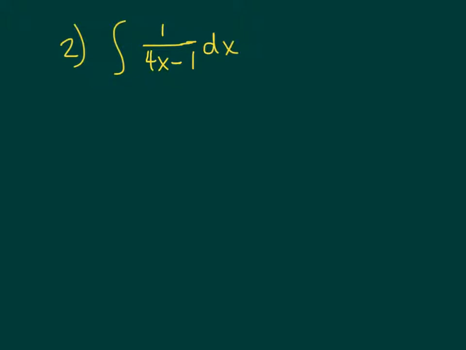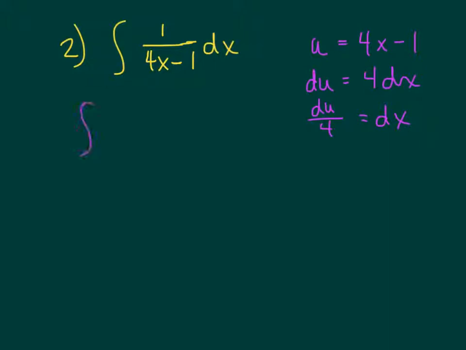All right, so like I said, when we set these problems up, almost always the denominator is what we set to be our u. And so we're going to go ahead and say that u is equal to 4x minus 1. So du would equal 4 dx. So du over 4 equals dx, and now we're ready to plug it back in.